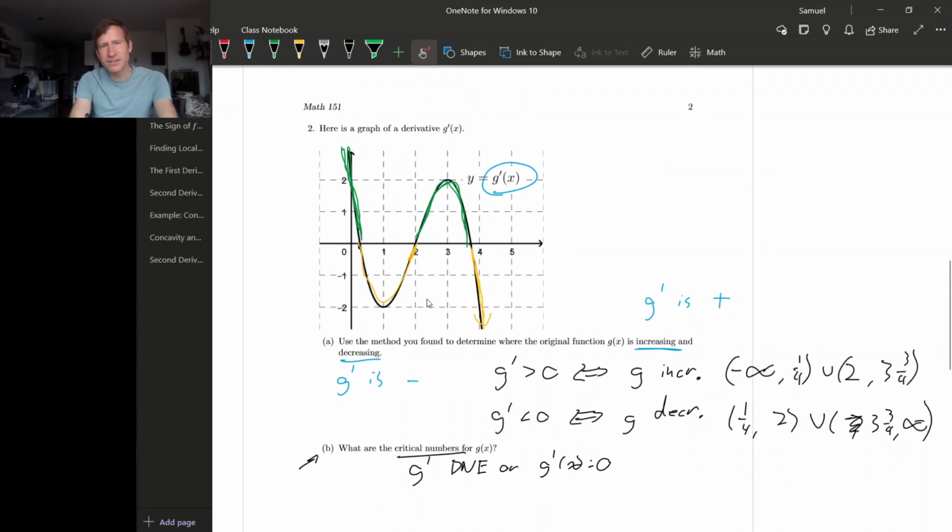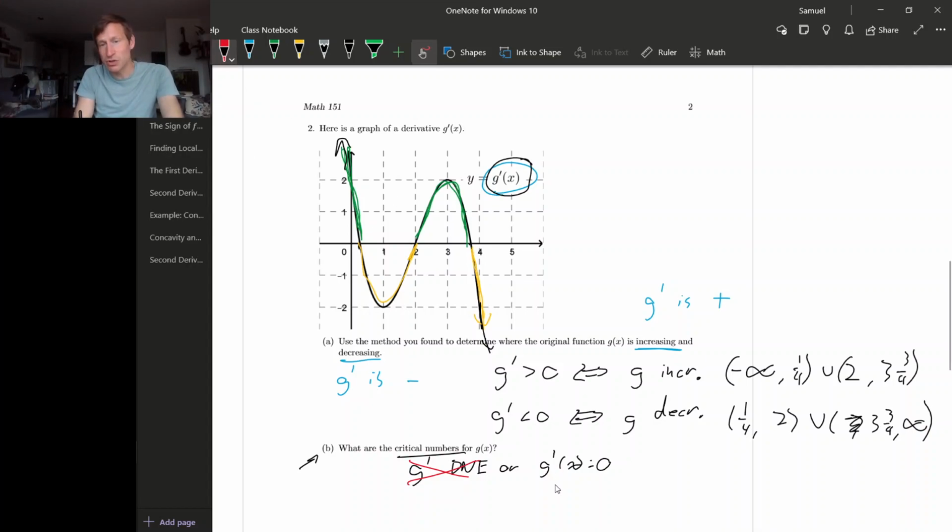The derivative exists for all real numbers on this graph, if we assume that this just keeps going down and this just keeps going up. The derivative of g has to exist because we are looking at its derivative. There aren't any holes in this graph, so for our function g, there aren't any places where g prime doesn't exist.